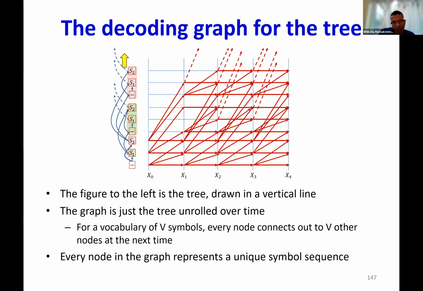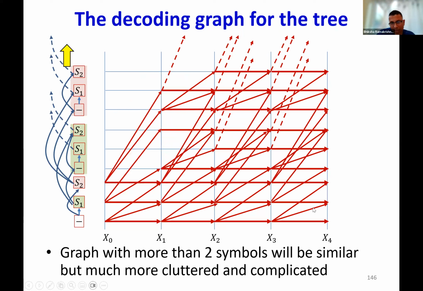Now observe this over here. Look at this row. Any node on this row represents S1, correct? It's just repetitions. If I'm anywhere on this row, it means that the only two symbols I've output are repetitions of blank and repetitions of S1.